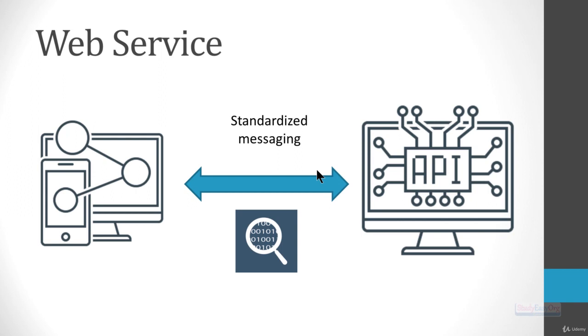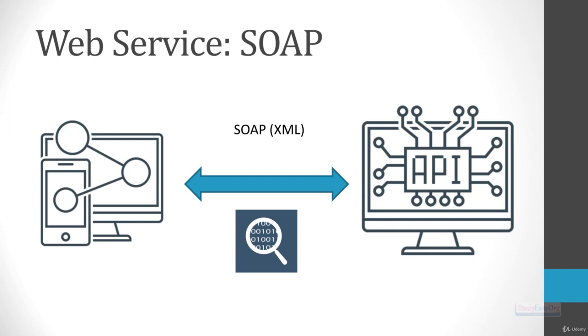Now this data could be of any format. When it comes to SOAP, the format is XML. But with modern technology like REST API, the data can be anything. It could be XML, it could be JSON, it can be text, it can be anything. As long as both the client software and the server software, the API, understand the data, it's fine, it's cool.